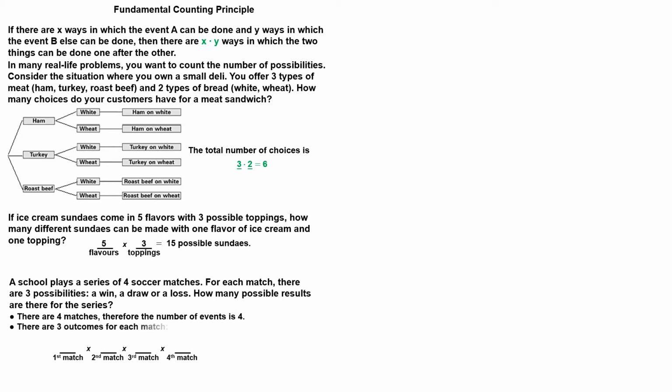There are 3 outcomes for each match: win, draw, or lose. There are 3 possible outcomes for each of the 4 events. Therefore, the total number of possible outcomes for the series of matches is 81.